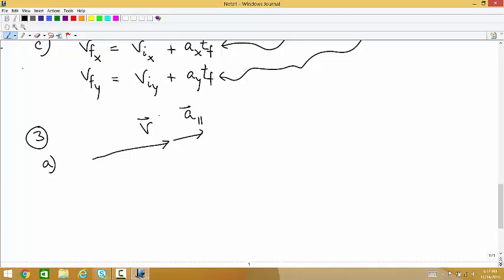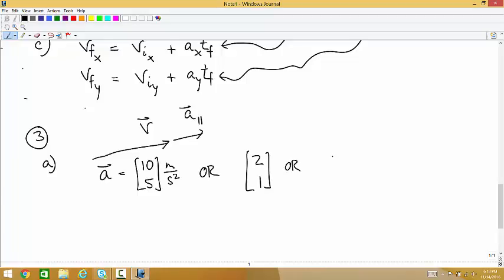If it's not turning, the perpendicular part has to be nothing. And so for part A, the possibilities are A is equal to 10, 5, the exact same vector, or 2, 1, or 20, 10. They just have to have the same ratio and be going in the same direction.